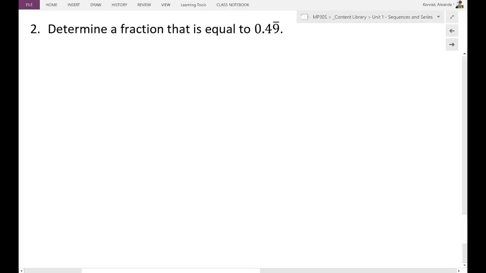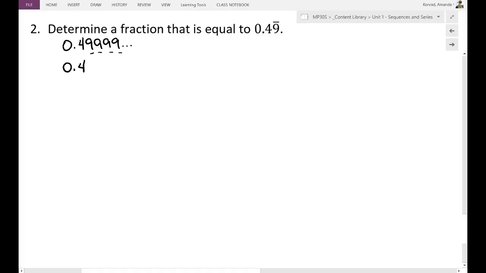Specifically, how does this fit in with our current topic? Well, let's break it down. 0.49 repeating can also be written like this, which means we could be breaking it apart into their own separate pieces.